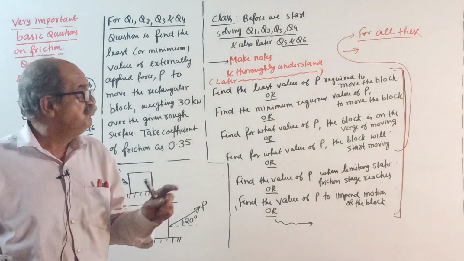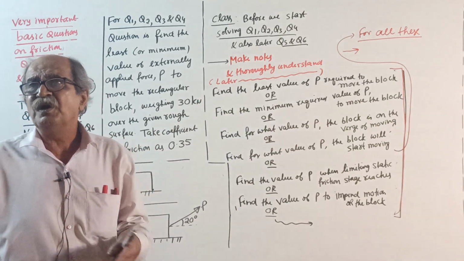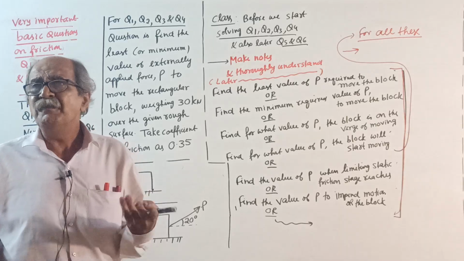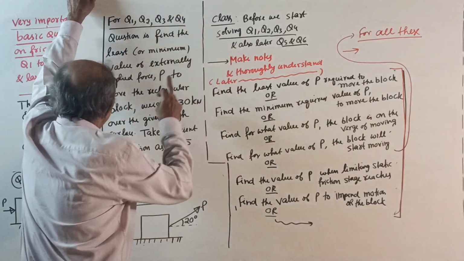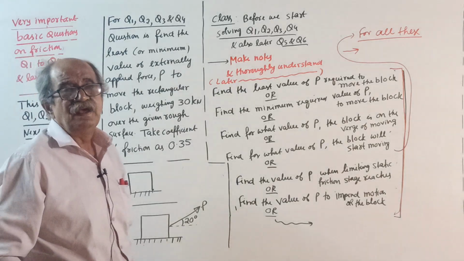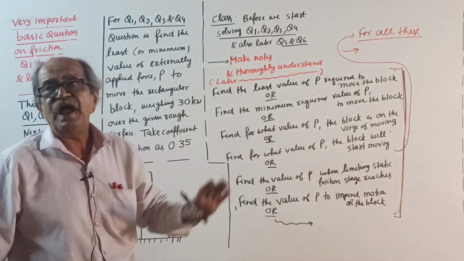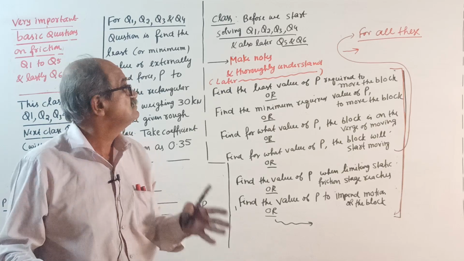Everything should be clear, because later, if you come to a particular class and I tell something and it is not clear, I am helpless. So, very important. I told you, everything you have to go through thoroughly. Anybody coming in between during a course and saying it is not clear, it is their problem, not my problem.